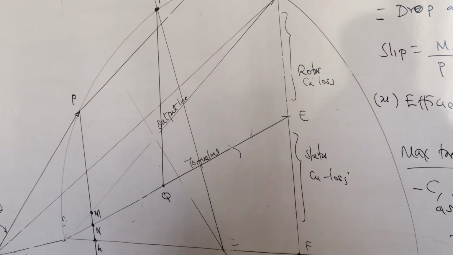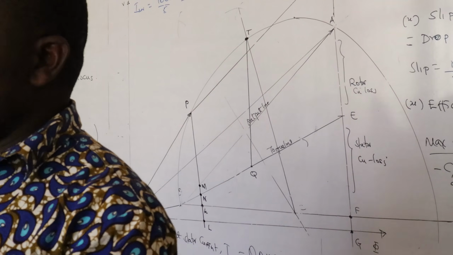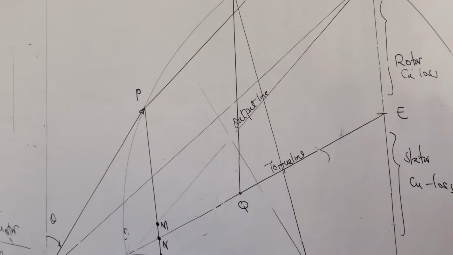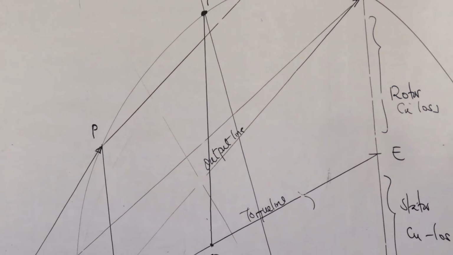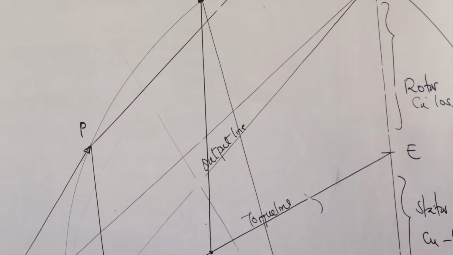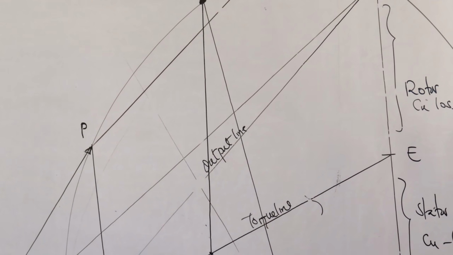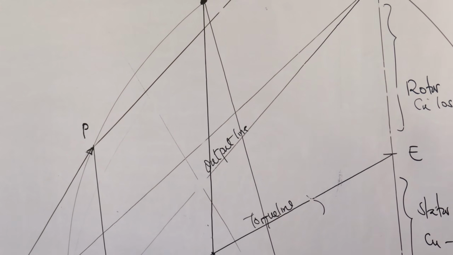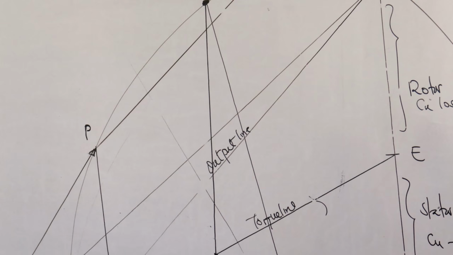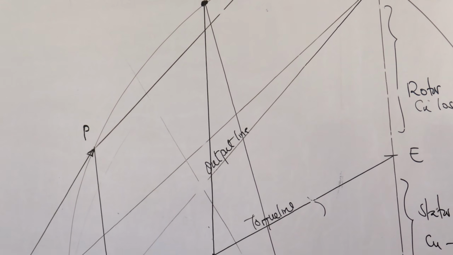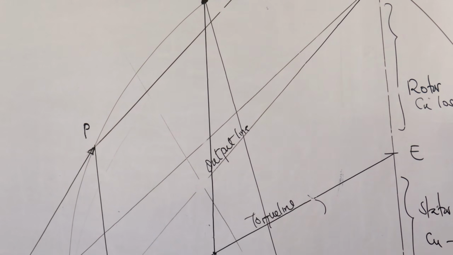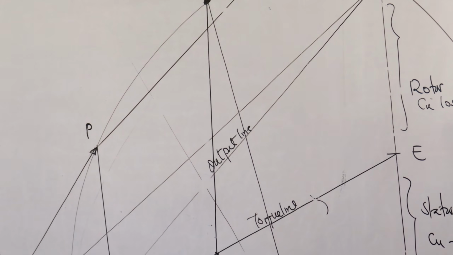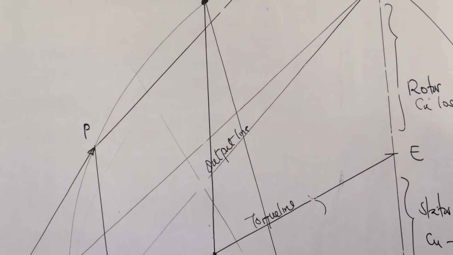So TQ times the power scale is the maximum torque in synchronous what? Watts. So somebody will ask you, find that maximum torque in Newton meter. The other day we were saying 1 synchronous watt is equal to what? 60 over 2 pi times ns.